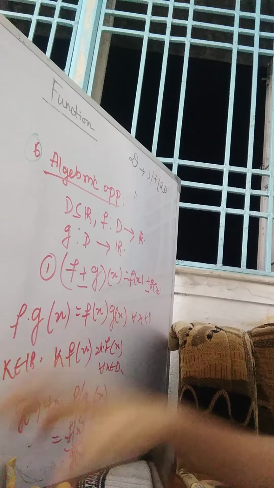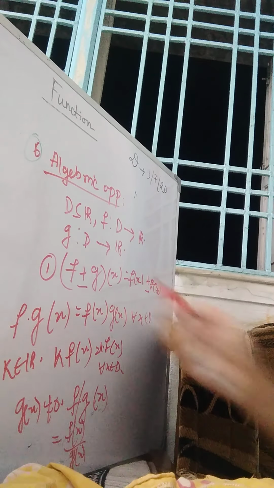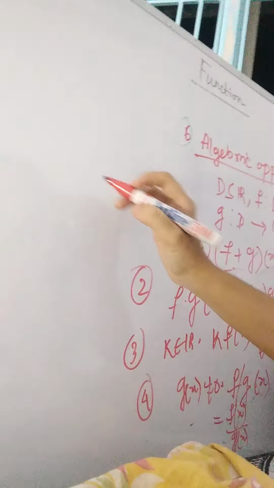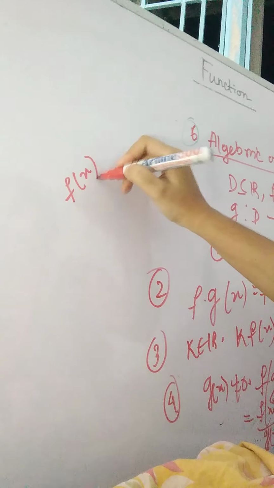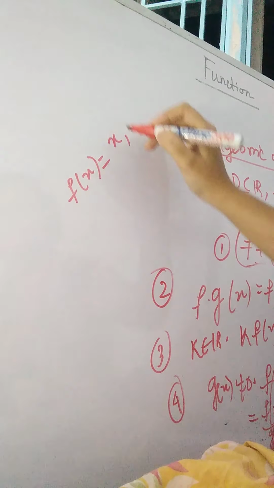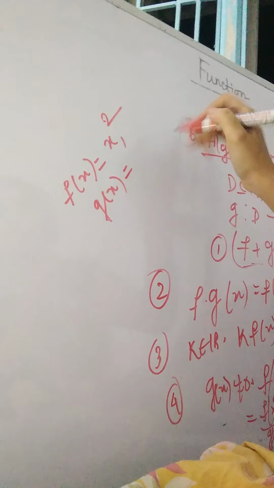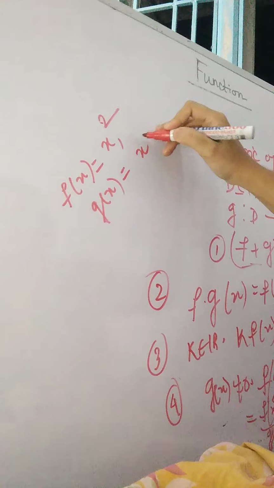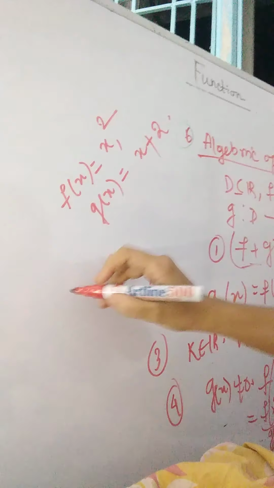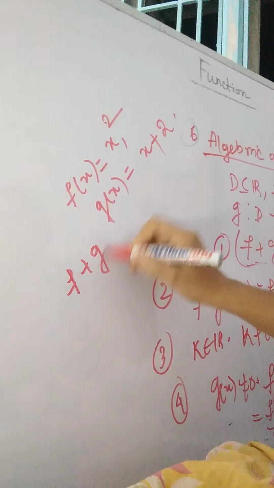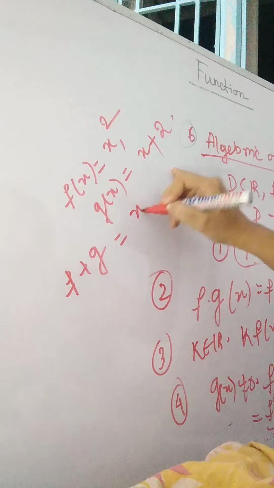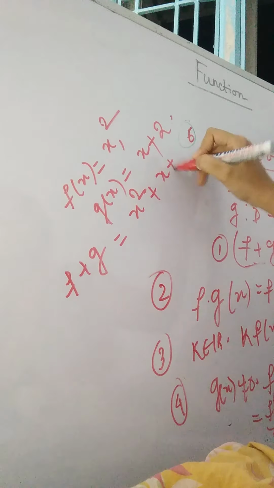Clear? Now take an example. For some functions we take f of x equals x square, and g of x equals x plus 2. Then (f plus g)(x) equals x square plus x plus 2.